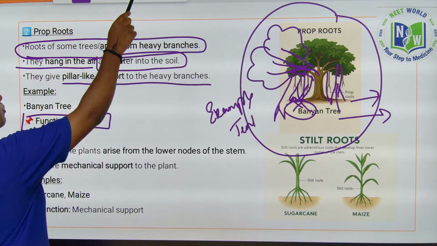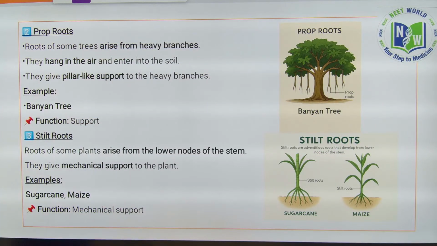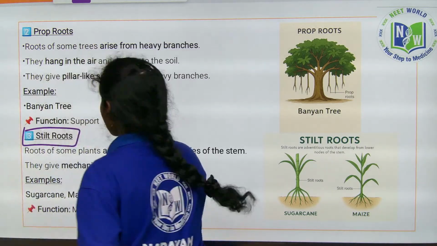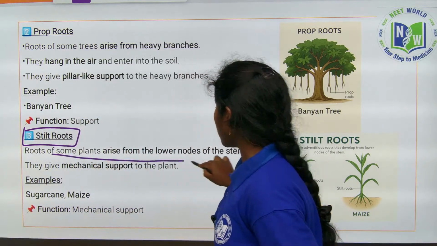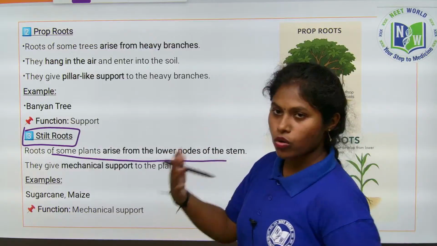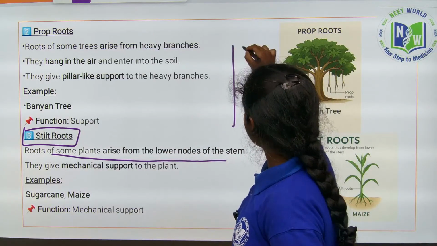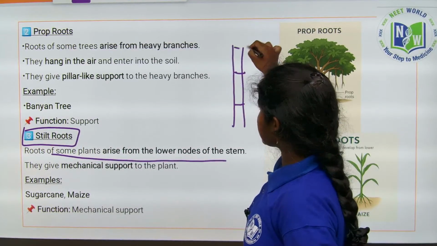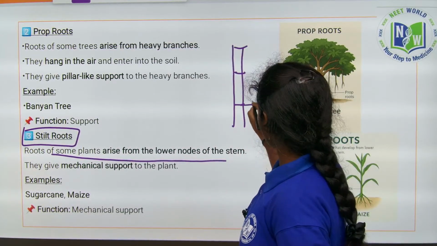Let's see another type of modification, stilt roots. What are stilt roots? The roots of plants arise from the lower nodes of the stem. So what is a node? Here it is the stem. You will see the lines in between the stems, right? These are nodes.